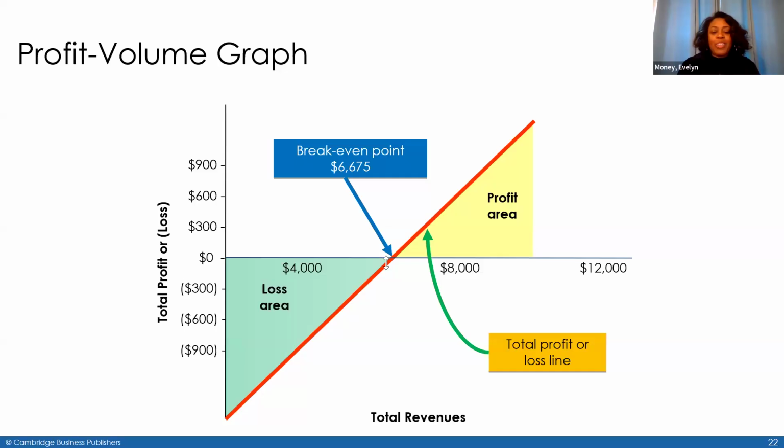Nope, said that backwards. Instead of my x axis being unit sales, it's actually total revenues. And my y axis is my profit. So as it crosses here, we can see that profit is zero when my sales volume is $6,675.